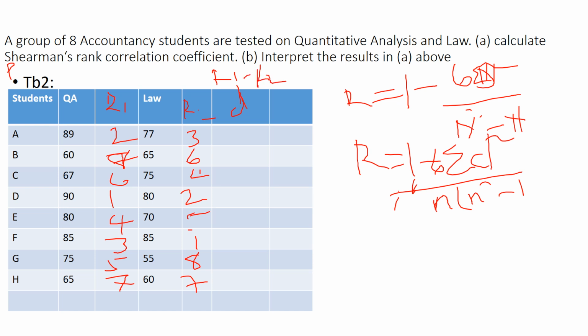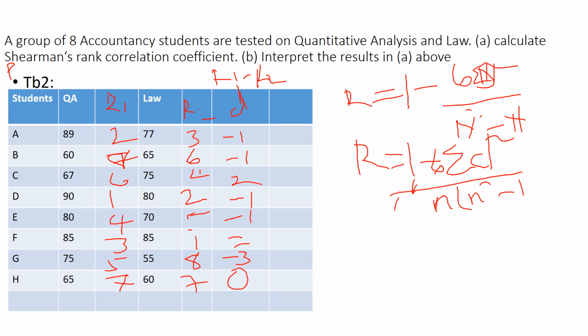So our first d, we are going to have 2 minus 3, which is -1, and then 7 minus 6, which is also -1, and then 6 minus 4, which is equal to 2, and then 1 minus 2, which gives us -1, and then 4 minus 5, which gives us -1 also, and then 3 minus 1, which gives us a 2, and then 5 and 8, which gives us -3, and then 7, which gives us a 0.